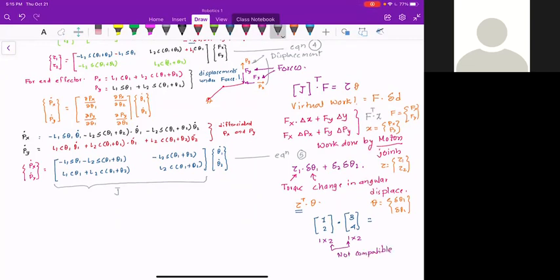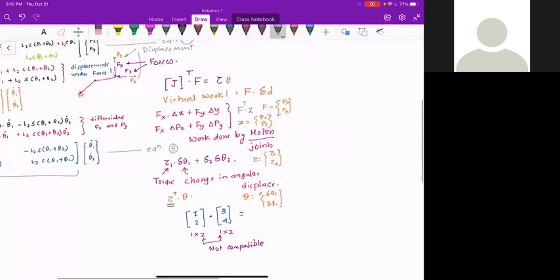The only way this vector multiplication is possible is if I write it as 1, 2 times 3, 4 as a column. That leads to 1 multiplied by 3 plus 2 multiplied by 4, which gives me a scalar number, 3 plus 8, which is 11.